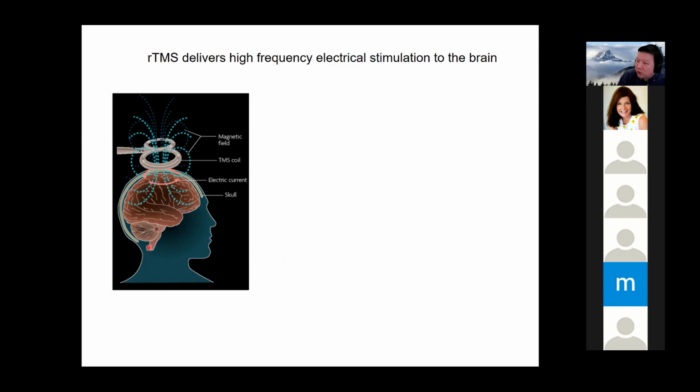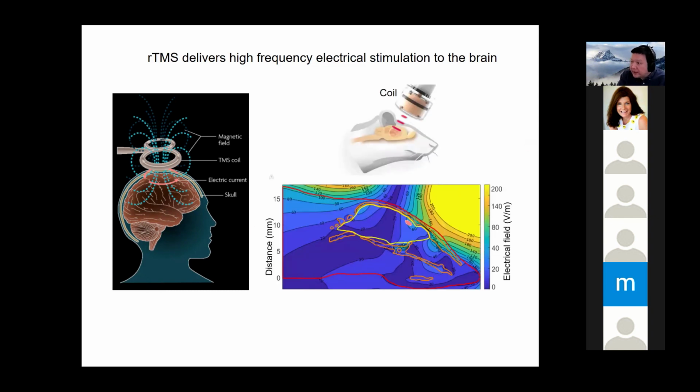Here, this cartoon shows the rTMS coil positioned over the mouse head. And our collaborator at the Harvard Medical School calculated the electromagnetic field generated by our rTMS stimulation in the mouse brain.